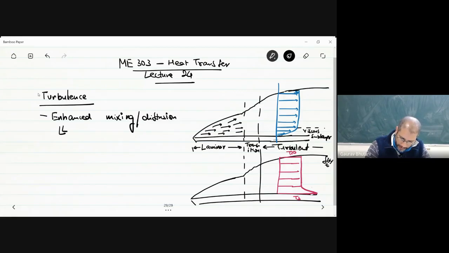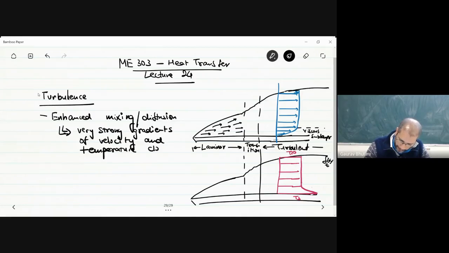So this results in very strong gradients of velocity and temperature close to the plate.